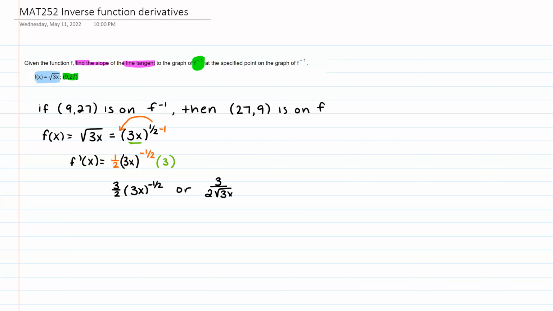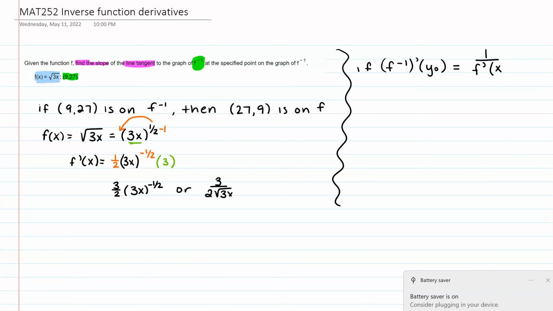So now there's this rule that says, so let's write this rule down. If the inverse function has a derivative at this value y0, then it has to equal 1 over the derivative of the original function at x0.